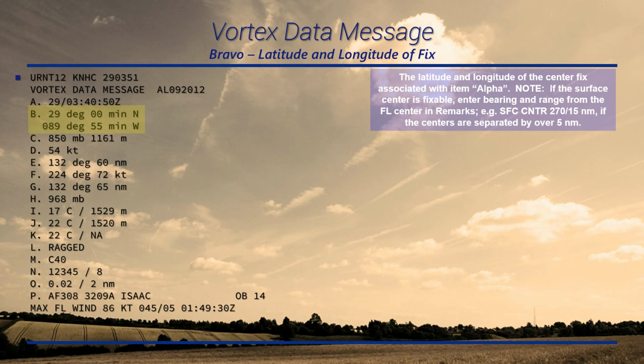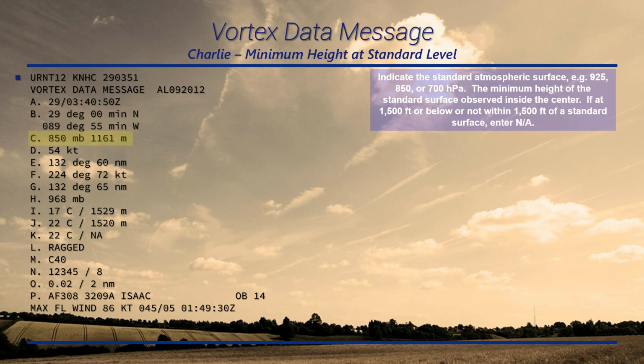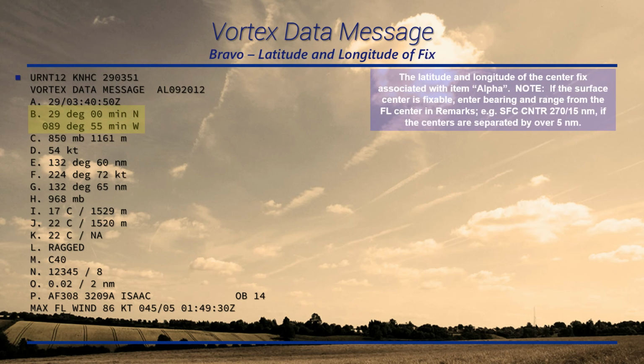If the surface center is fixable, then we'll put that information down if there's a significant difference from the flight level center. That is, if the surface is more than 5 nautical miles off from our flight level center, we'll put that information in the remarks section. So in that particular case, let me go back real quick. This storm was fixed at 29 degrees north, 89 degrees 55 minutes west.